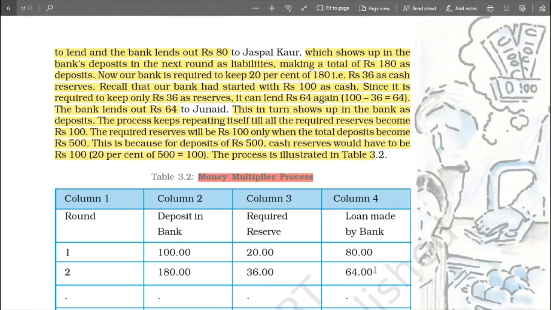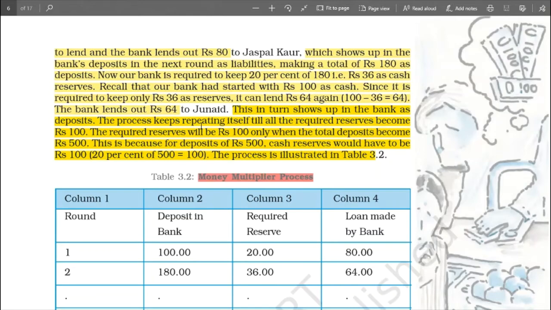That is the second round. So what do you see from here? 100 rupees deposit, give loan 80. Deposit becomes 100 plus 80, 180. Out of that 180, reserve 36, give loan again 64. And this process goes on and on, repeating itself until all the required reserve becomes 100 rupees.